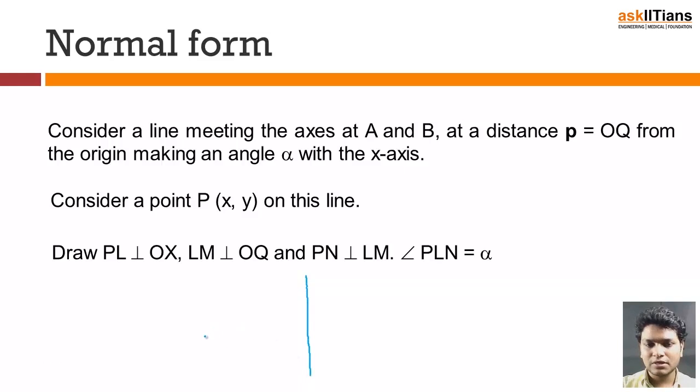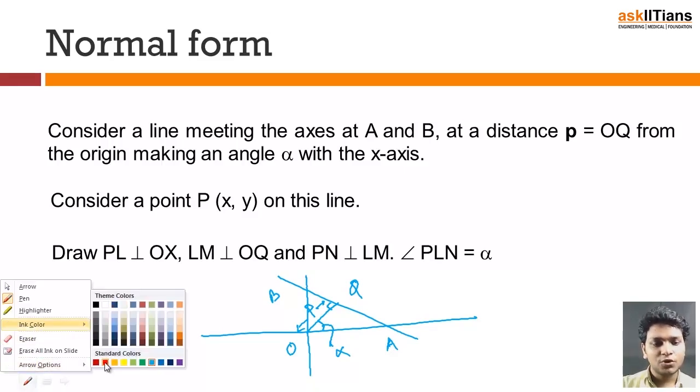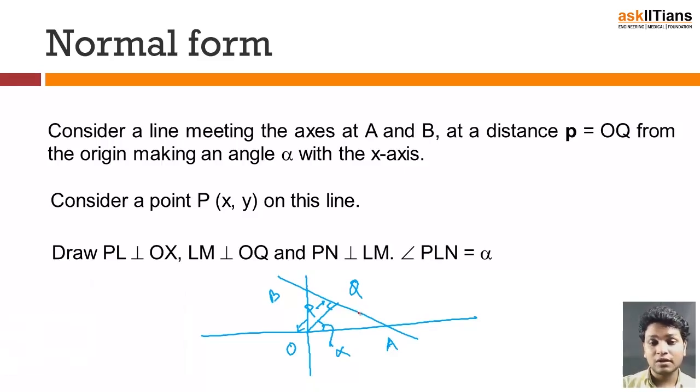So let us represent the whole of this process pictorially. Suppose these were the points A and B, and from the origin I have dropped a perpendicular on this line which will intersect the line at Q, and this is nothing but the length p, and it is making an angle alpha with the x-axis. After that, we have drawn certain perpendiculars after considering a general point P on the line.